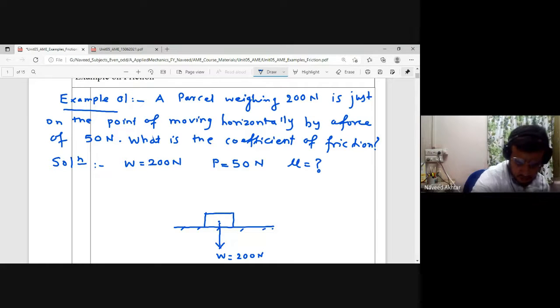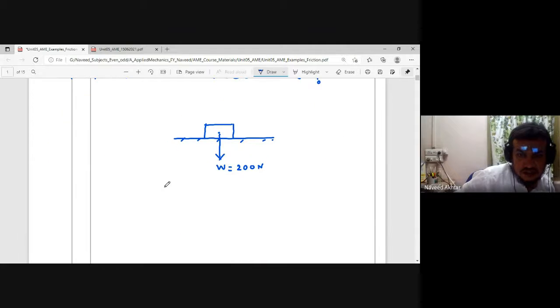Okay. Now you can see the reaction to the W will be this. And again, what is given? Again, the force is there. 50 Newton force is applied.